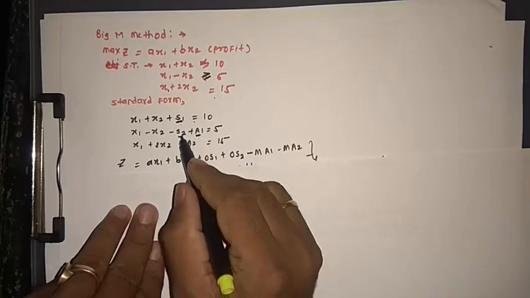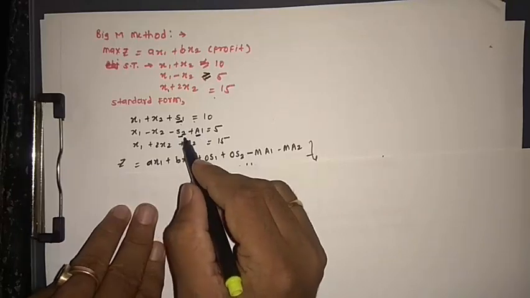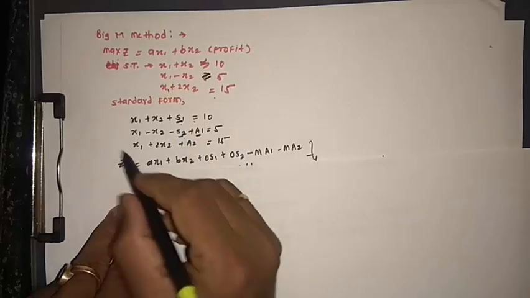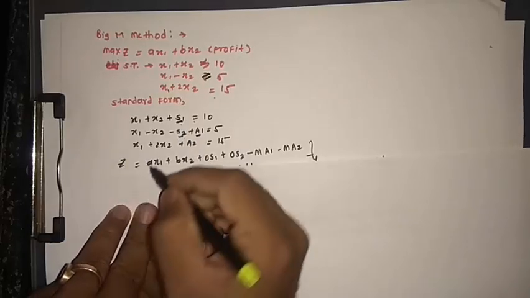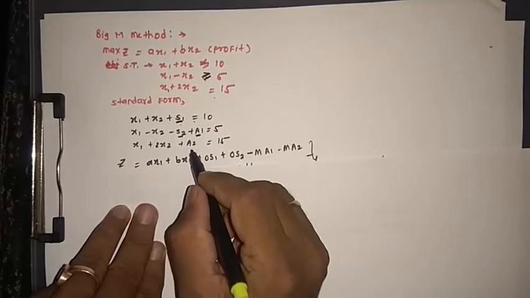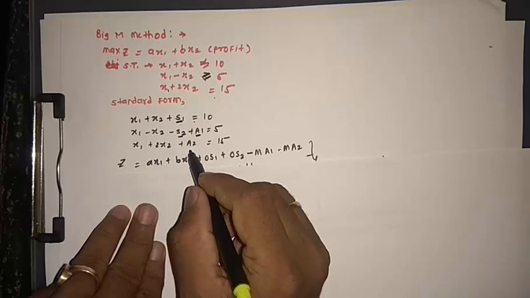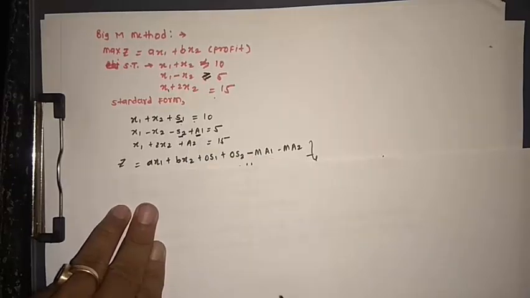Because s2 should be non-negative, so to satisfy that condition we add a1 into this equation. Now see the third equation, x1 plus twice x2 equals 15. In this case it is an equality sign, so we only add the artificial variable. We will see the details while solving the example.